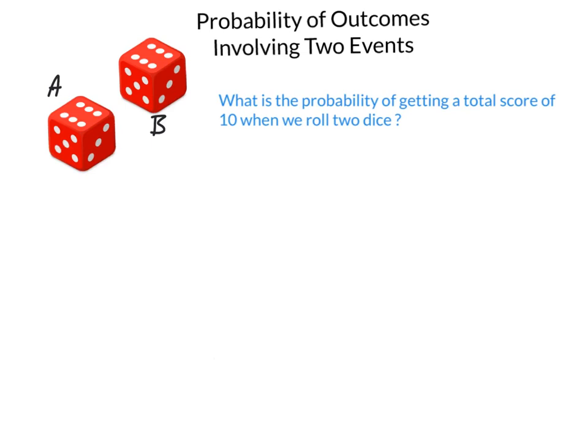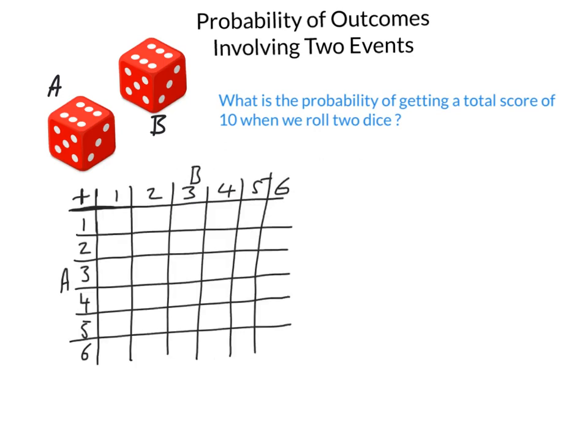This next question asks us, what is the probability of getting a total score of 10 when we roll 2 dice? And we'll start off here again with our space diagram. As we're adding in this question, it's a good idea to put a little plus sign up here in the corner so that we know we're adding and not multiplying or something else.